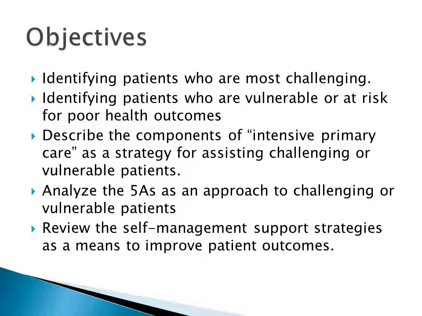We're going to focus particularly on a model called the 5 A's as an approach to dealing with challenging and vulnerable patients. And we're going to very briefly review self-management support strategies as a means for improving patient outcomes. I do hope that you still have those notes, and we'll go back and use those as tools for this intervention model that we're going to talk about.